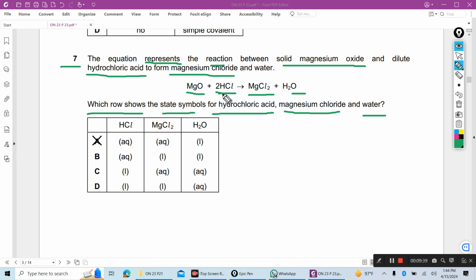Hydrochloric acid is dilute, so it will be aq, meaning aqueous, and this salt magnesium chloride is soluble in water, so it will be aqueous. For water, the physical state at room temperature is liquid. A is the correct answer.